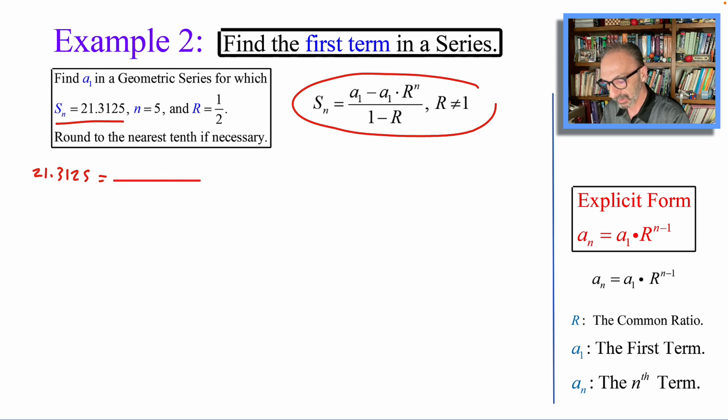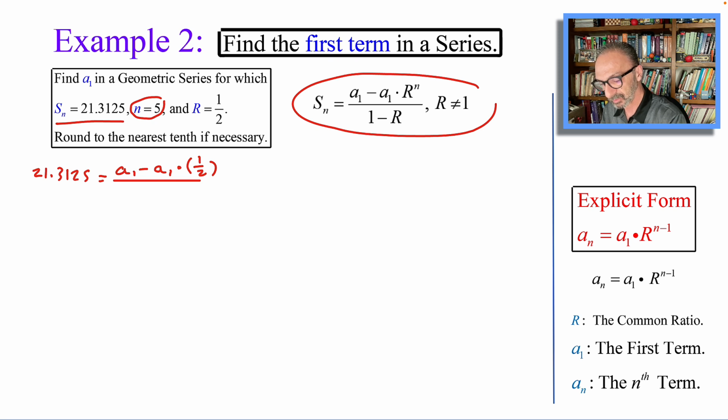Right hand side is a fraction, and we have a sub 1 minus a sub 1 again multiplied by the common ratio. In this case, it's half to the power n minus 1. Well, in this case, n is 5, so I'm going to write 5. I mentioned n minus 1.